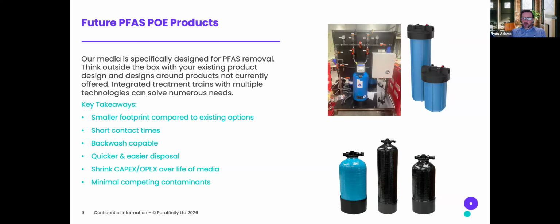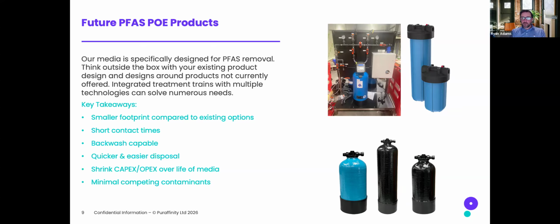That's what we're looking to partner with people around. So if you think about how multiple technologies can solve numerous needs. If you're putting it in a home and they're on city water, you want the softener to soften the water in the home, so they have that nice silky hair, and then also you run a product with ours after it to clean up all the PFAS. Kind of working that treatment train here.